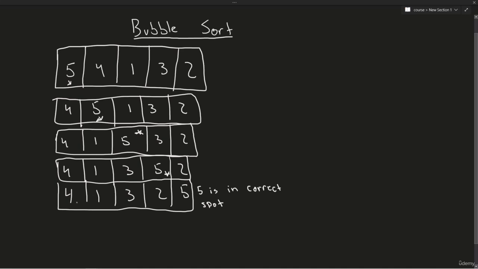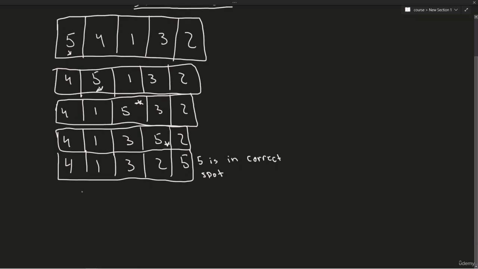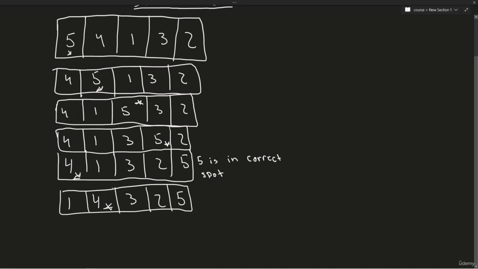Now we're going to go back and start over with 4. We're here at 4 and we're going to compare it to 1. We know that 1 is less than 4, so now we go 1, 4, 3, 2, and 5. We're still at 4, so now we compare 4 and 3. So we have 1, 3, 4, 2, 5.